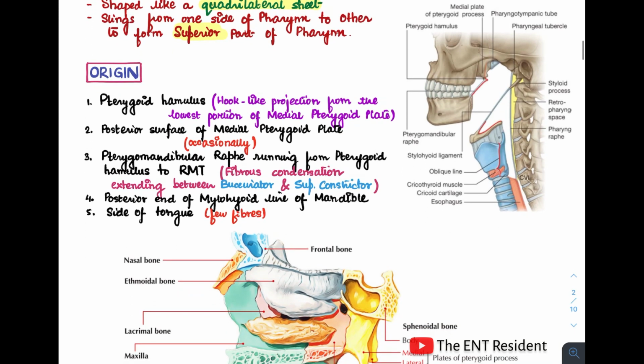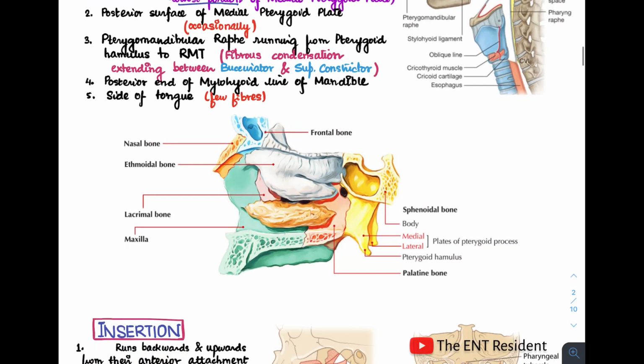Coming to the origin of this muscle, it originates from a number of places. First, it originates from the pterygoid hamulus. Now, what is this pterygoid hamulus? It is a hook-like projection which arises from the lowest most portion of the medial pterygoid plate. As you can see in the structure over here, this is the medial pterygoid plate, and in the lower part you can see a hook-like projection.